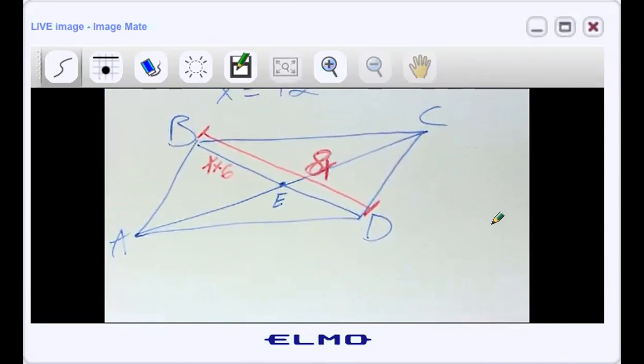So x plus 6 is just the length of BE. And then BD, the whole thing, is 8x. Try it. Once you get your value for x, plug it back in and see if it makes sense. Feel free to send me your answer for x when you get it.